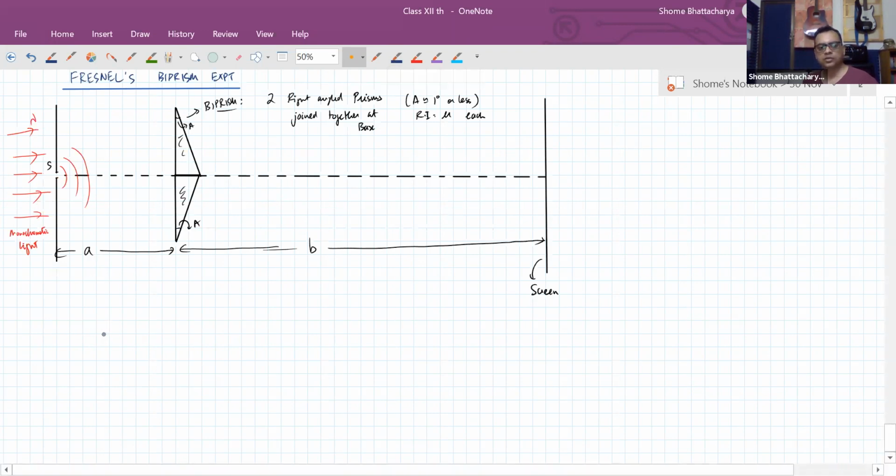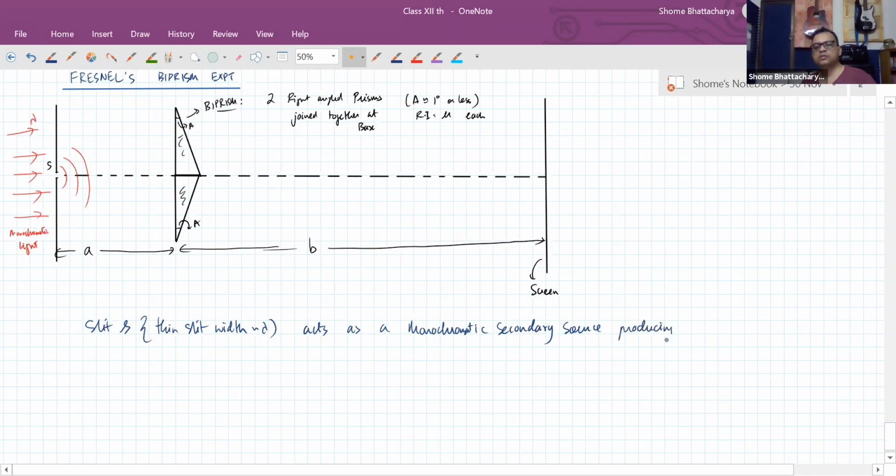Okay. So, firstly, the slit S is of thin slit width, of the order of lambda, like you have in YDSE, that kind of slit. Okay, so that slit acts as a monochromatic secondary source, producing coherent monochromatic light.